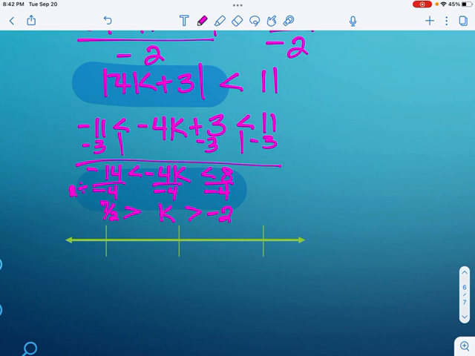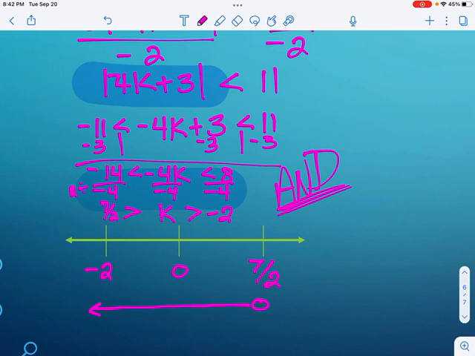Remember, this time, this is an and statement because of the flipping that happened when we divided both sides by negatives. So this is an and statement. So when I look at this, I have -2, 0, and 7/2. So the first one says 7/2 is greater than k. So that means k must be less than 7/2.